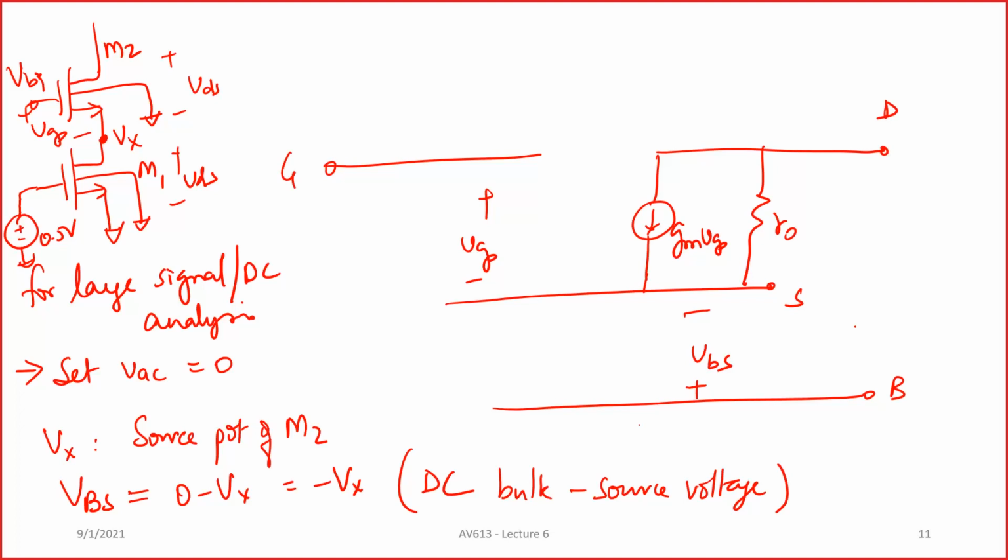Because when we start talking about a common gate amplifier, there you will see that your input is given to the source, and GMB comes into the picture. So even in a common drain amplifier, sir, the output impedance will have 1 over GMB. It will be 1 over GM plus GMB, in fact. Okay. Yeah. Okay, sir.